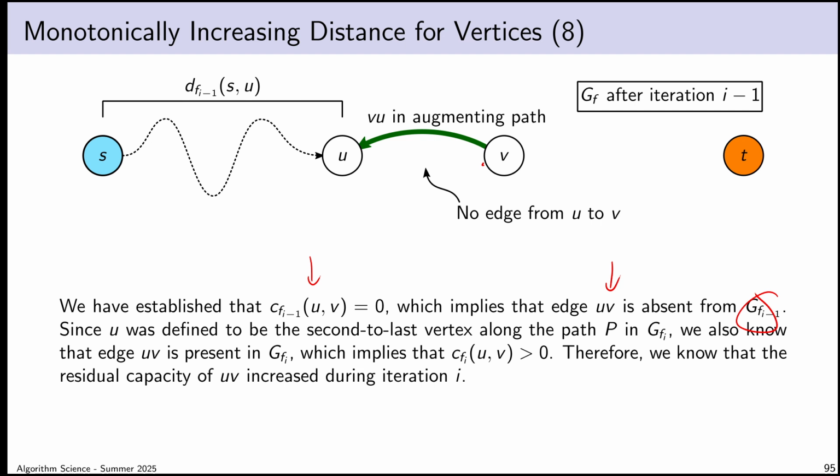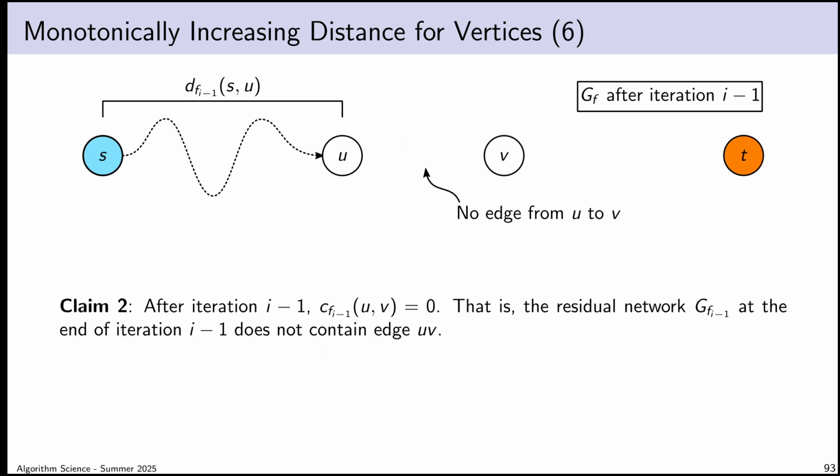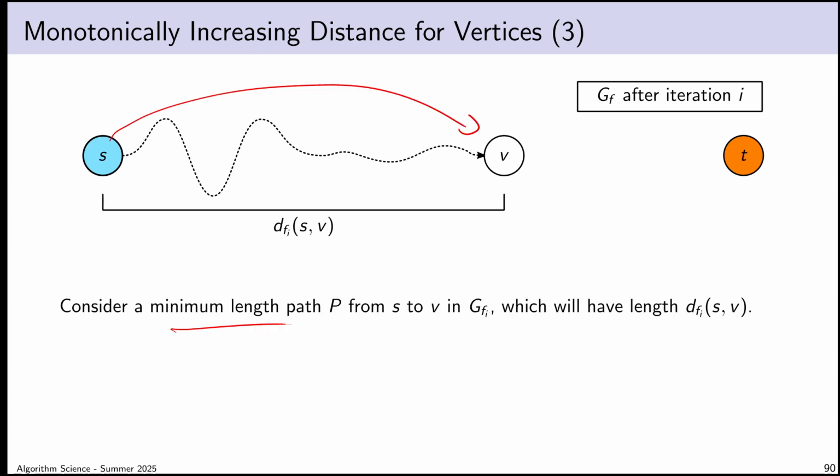Now, I defined that vertex u, way at the beginning, at the end of iteration i. Let's scroll back to remind ourselves what definition I'm talking about here.